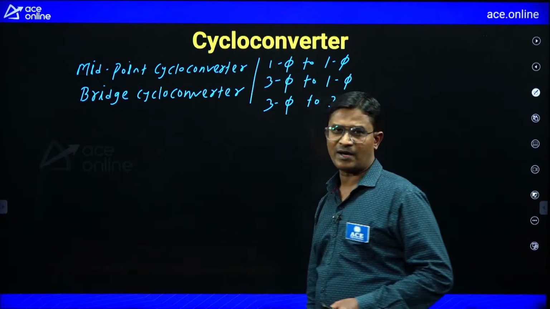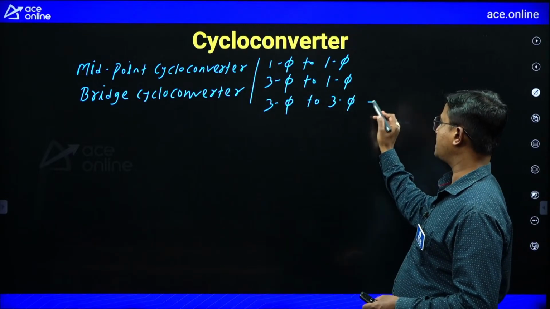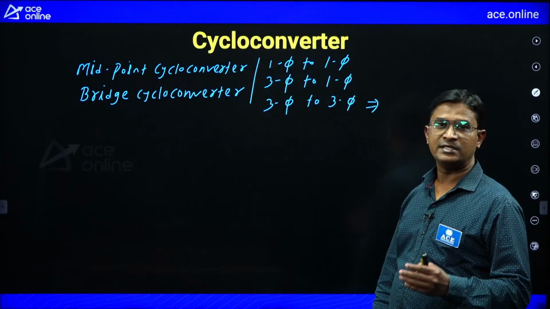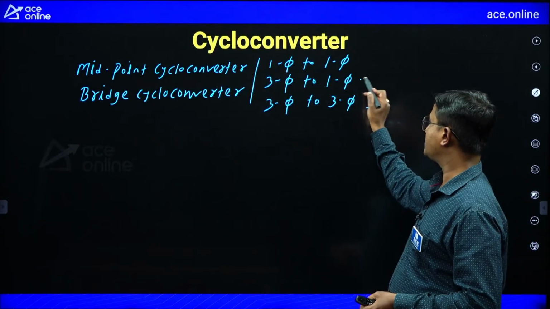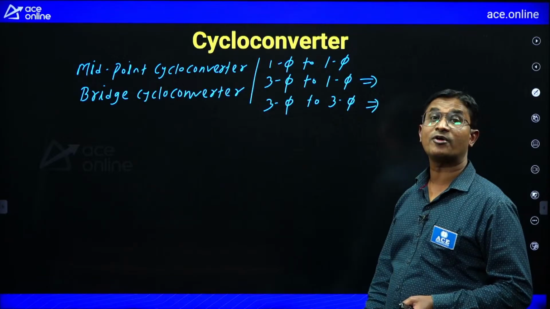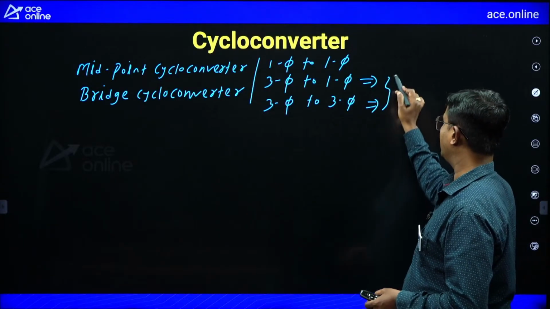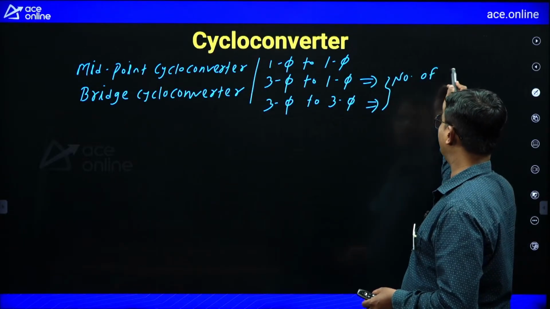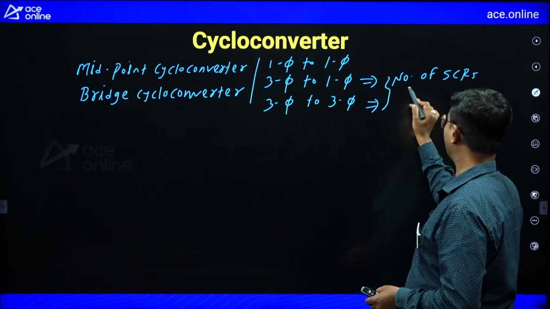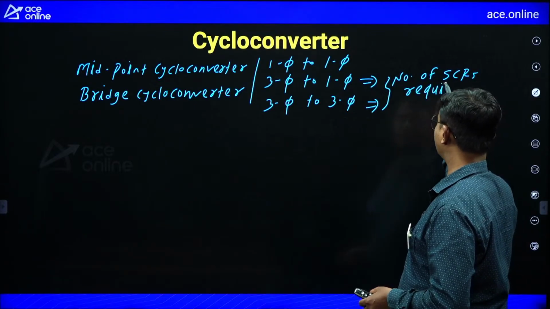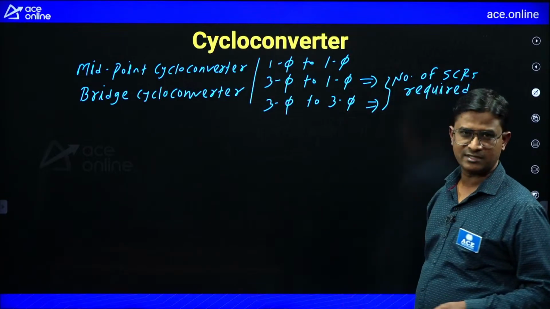Some questions they have asked: in a 3 phase to 3 phase cycloconverter, what is the number of SCRs required? In a 3 phase to single phase cycloconverter, what is the number of SCRs required? Please go through this. Some questions you can expect on the number of SCRs required.